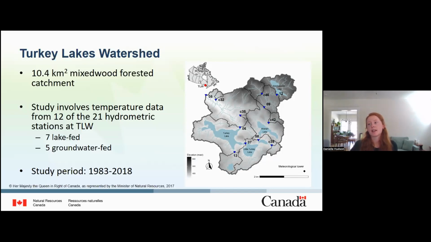This long-term study began in 1980 and has continued to present day, so it gives a really unique opportunity to consider long-term trends in forest water dynamics in this Boreal Shield lake-stream network. It's 10.4 square kilometers, with mixed hardwood coniferous forests, and there are actually 21 hydrometric stations here. We're looking at 12 of them today, 7 of which are lake-fed and 5 are groundwater-fed. The study period we're focusing on is from 1983 to 2018, because that has data for all of the sites we're interested in.